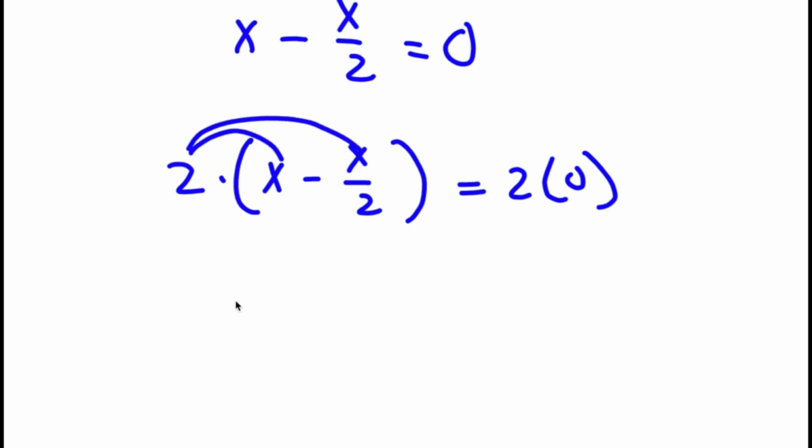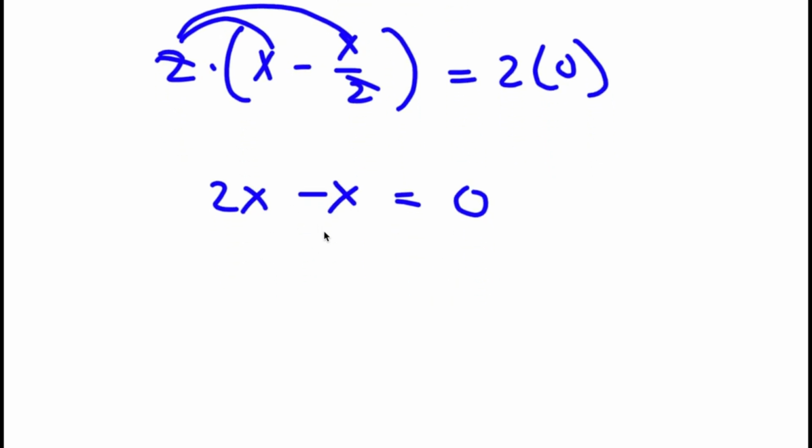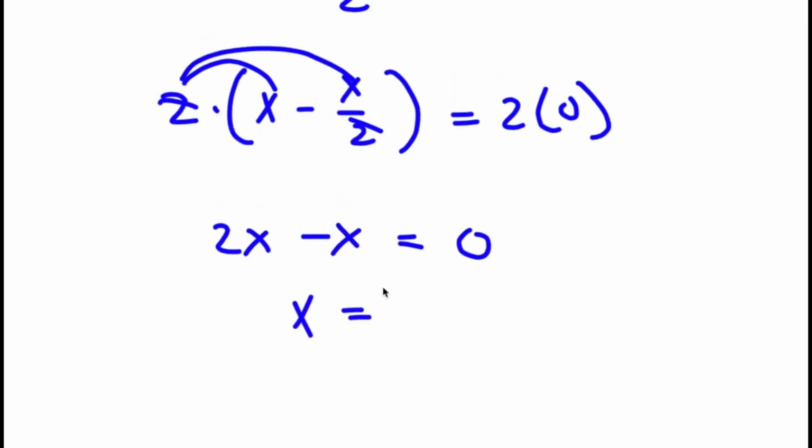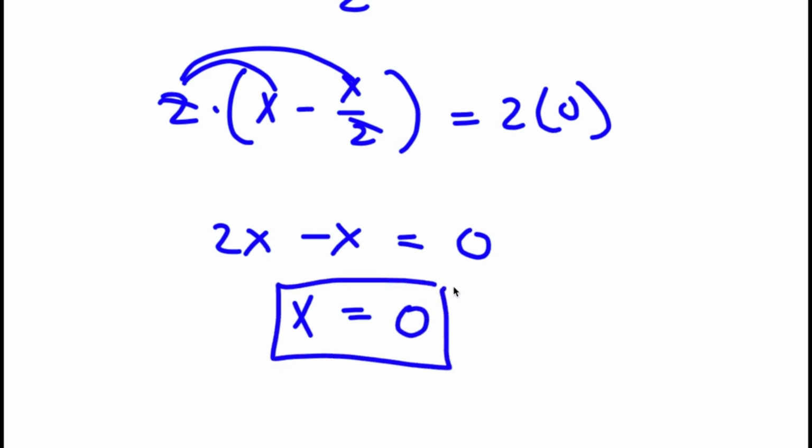So first off, 2 times x, that's simply equal to 2x, and 2 times negative x over 2, the 2 simply cancel out, so all I'll be left with is negative x. And this is equal to 2 times 0, which is simply equal to 0. So I have 2x minus x is equal to 0. Now 2x minus x, that's simply equal to x. So I have x is equal to 0. So x equals 0 is my solution.